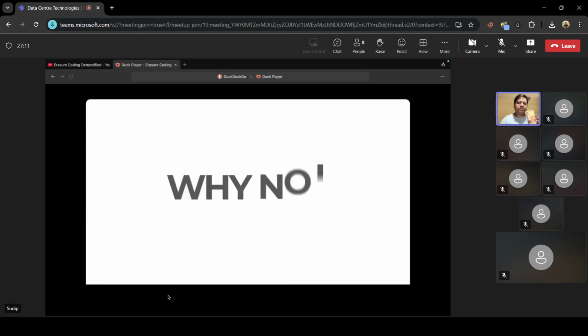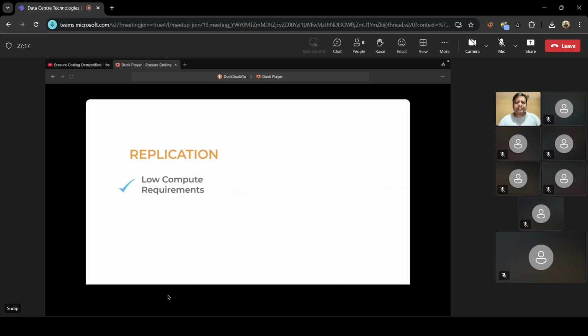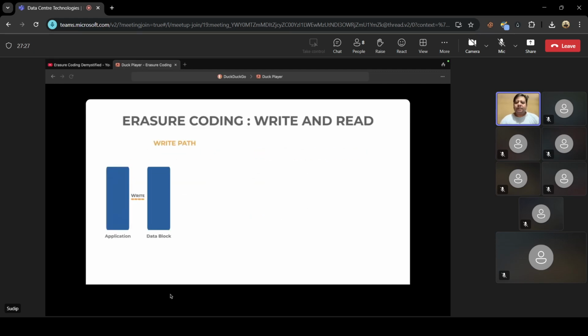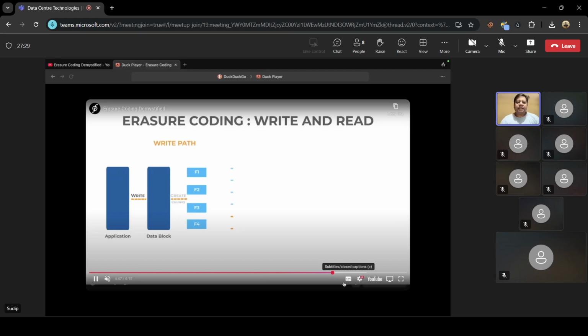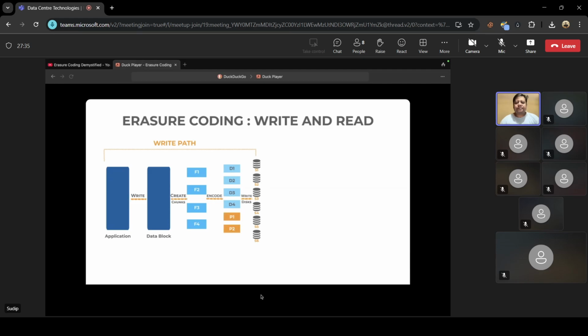Yes, this is also true. Erasure coding is mostly used on cold data. Why not on hot data? When you're doing mirroring, you're just copying data, so not much compute requirement. Whereas in erasure coding, the compute requirements are very high, and that's why it makes it a little slower.